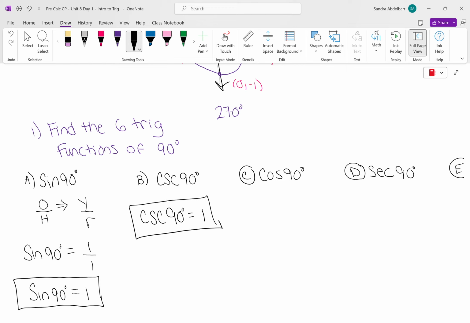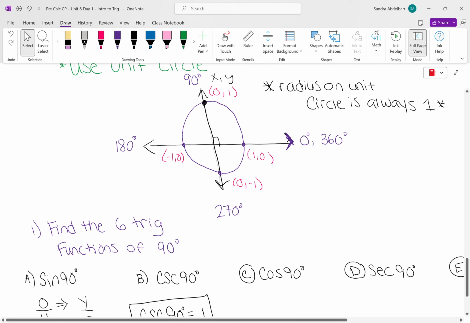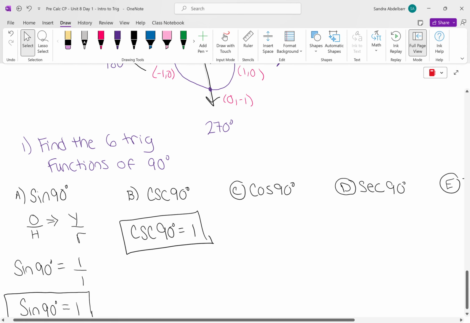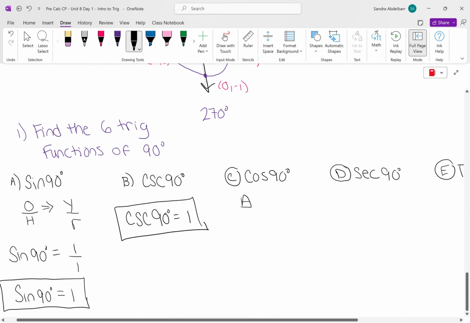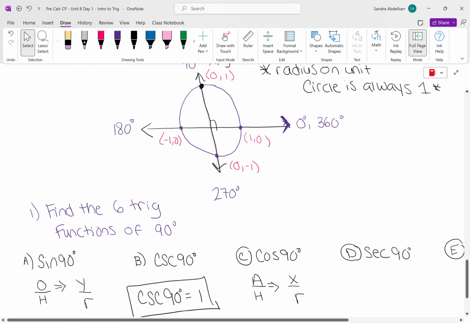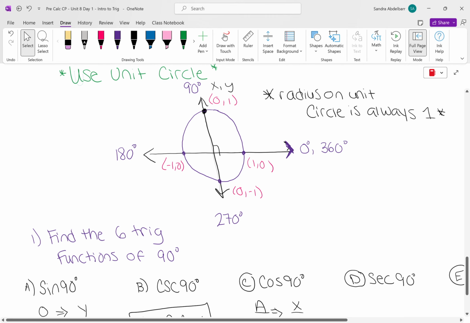All right, now let's move on to the cosine of 90. Remember, cosine we know is adjacent over hypotenuse, but when we're doing one of the angles on the actual axes, we can't use adjacent and hypotenuse. So what do we use? It's going to be x over r, you got it. So we go to our 90 degrees.